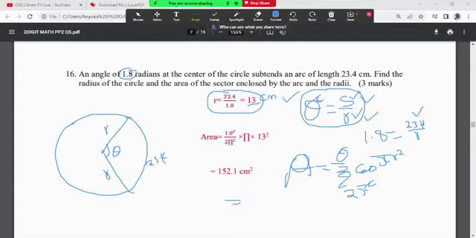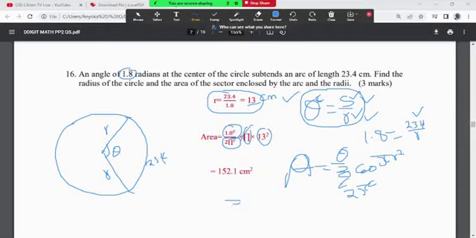So we substitute angle in radians over 2 pi radians times pi times radius squared. So 1.8 over 2 pi radians times pi.